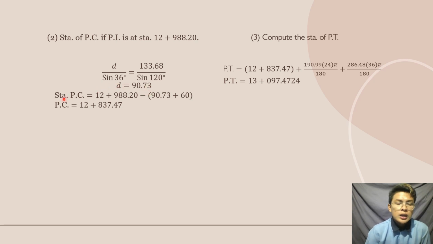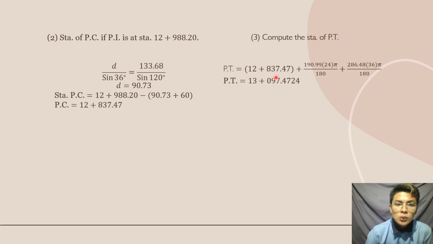After getting D, the station of PC is equal to 12 plus 988.20, this is our PI, minus our D, 90.73, plus 60. And there we go. Our final answer for the station of the point of curvature is equal to 12 plus 837.47.